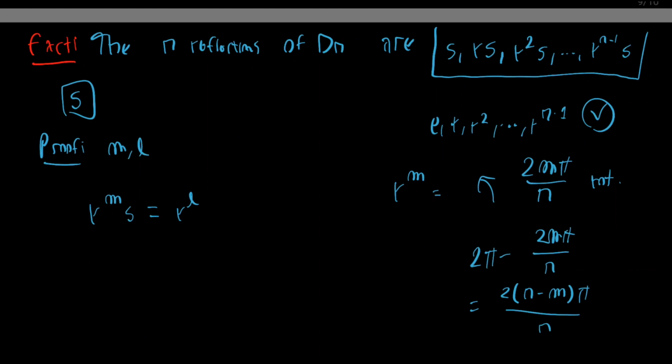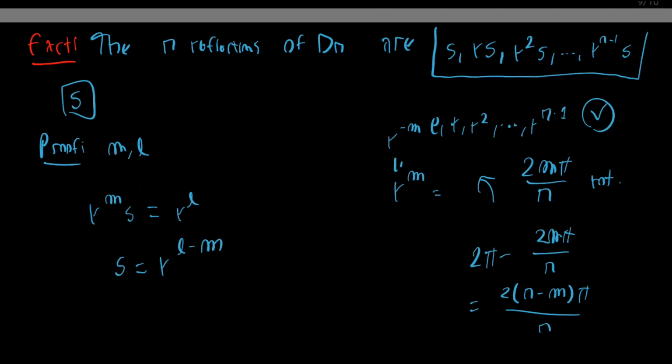So we know that there is an inverse. We can denote it also as r to the minus m. By multiplying both sides by the inverse of r to the m, r to the minus m, we get that s is equal to r to the l minus m. But this would imply that s was a rotation, but s in fact is not a rotation, it is a reflection.